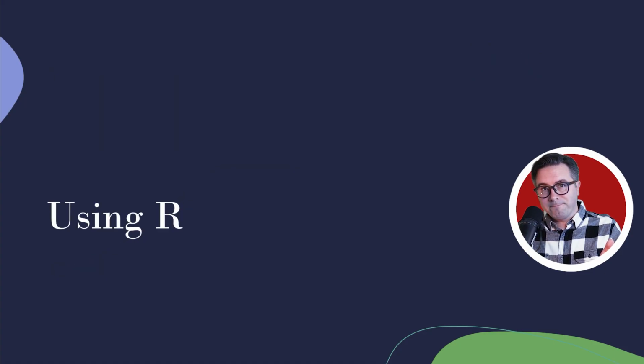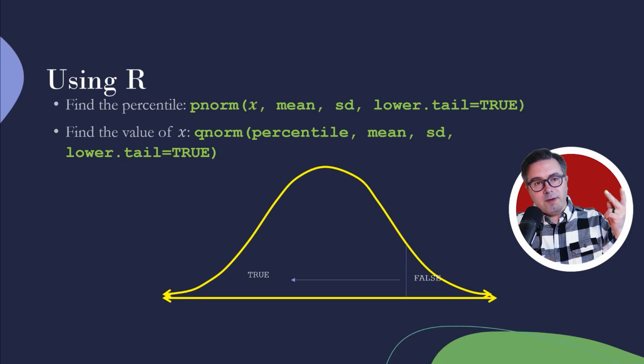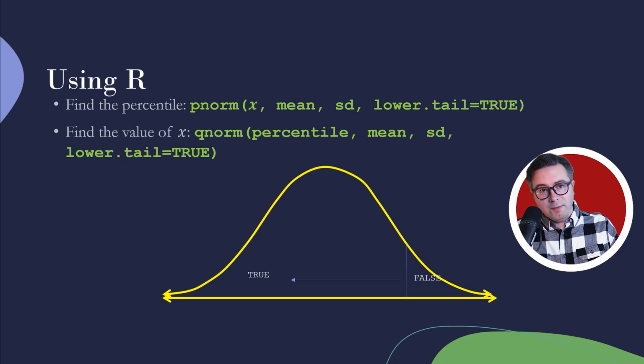Now, to do this in R, we have two methods to help us: pnorm and qnorm. pnorm is helpful when we're trying to find the percentile. qnorm is for finding the value on the number line, the value of x. When using pnorm, we use the value of x to get the percentile. When using qnorm, we use the percentile to get the value of x. Other than that, we use the same information.